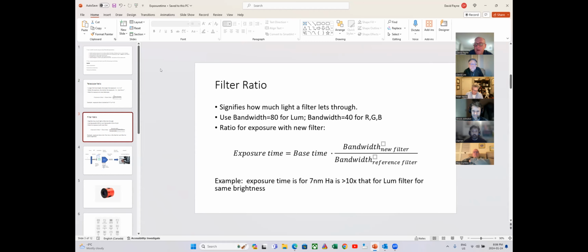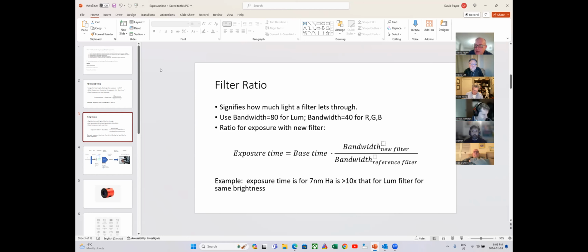And for RGB filters, you tend to use the number 40. It might be a little bit different depending on what particular filters you have. And then I generally use 80 for lume.